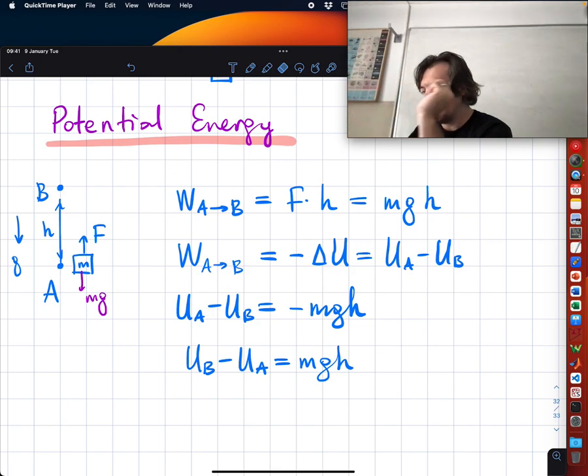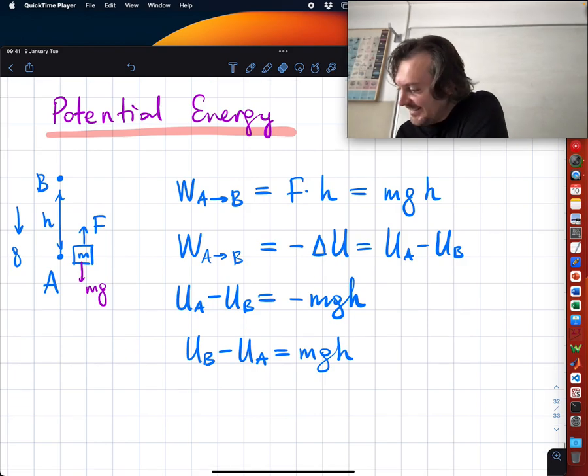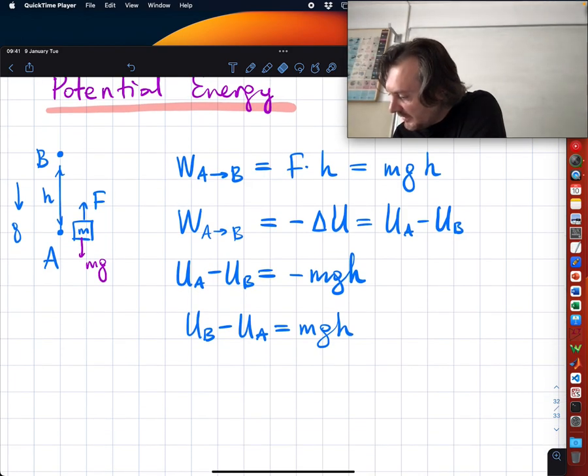I'm missing some minus sign there. I will fix it. Don't worry about it. You know what the potential energy is, right? Should I be worried about this? mgh is delta U, UB minus UA. So I wrote it as UA minus UB.